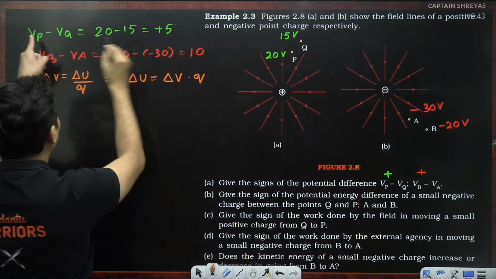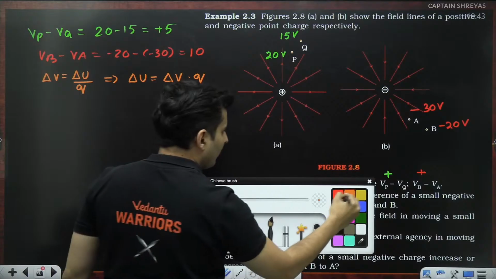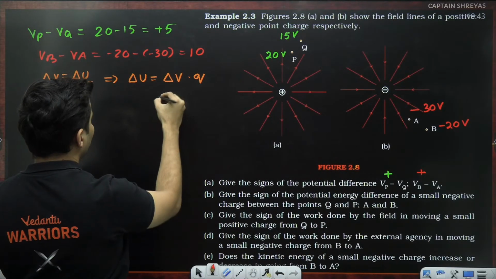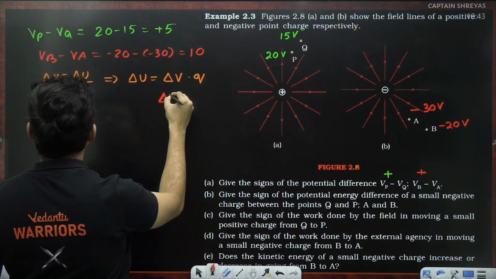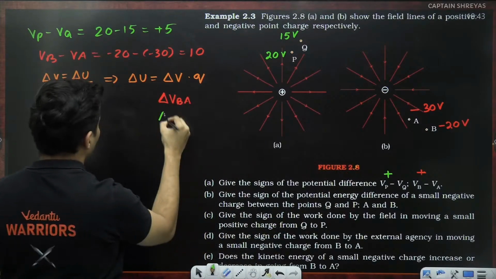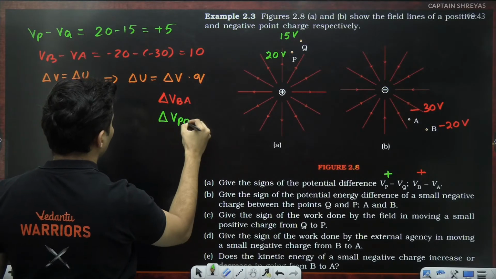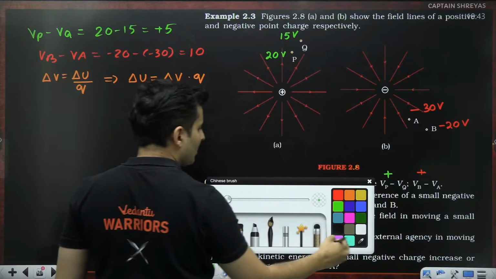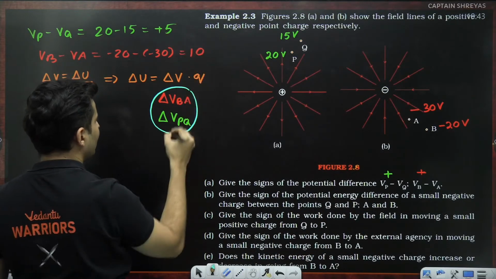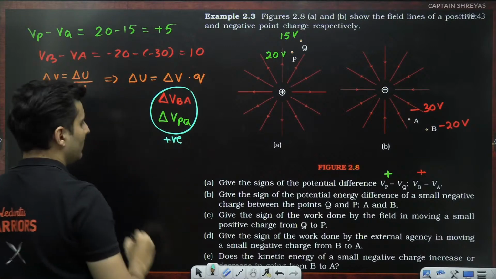Now, in both situations, whether it was Vp minus Vq or Vb minus Va, both these terms were positive. We just saw that.